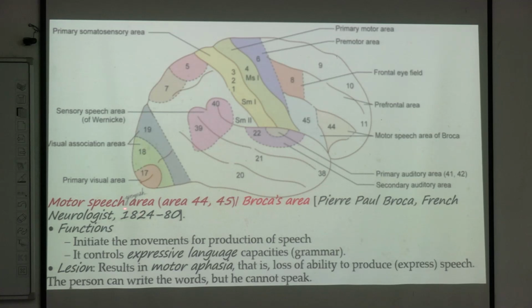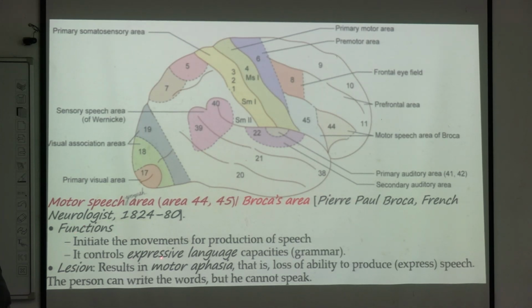Motor speech area, the sensory speech area is this portion. This is the primary auditory area, secondary auditory area. Motor speech area is this, Broca. Broca's motor speech area. Now, functions: initiate the movements of production of speech.